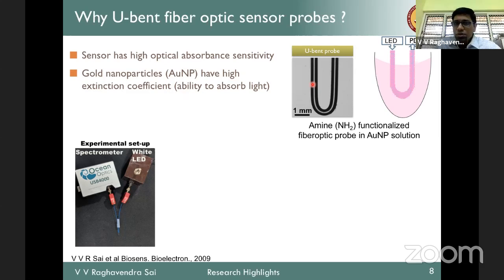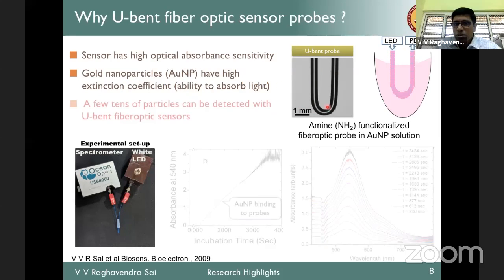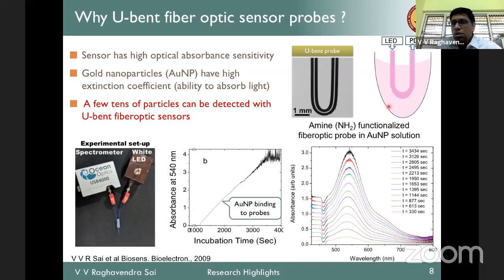So what happens is, once you functionalize these probes and dip them in a gold nanoparticle solution, these gold nanoparticles find affinity to the amines on the surface, and they start sticking to the surface. And over time, let us say 5 minutes, 10 minutes, 15 minutes, like that, up to 1 hour, you observe there is a huge amount of light that gets absorbed.